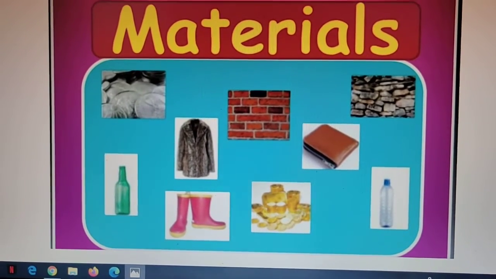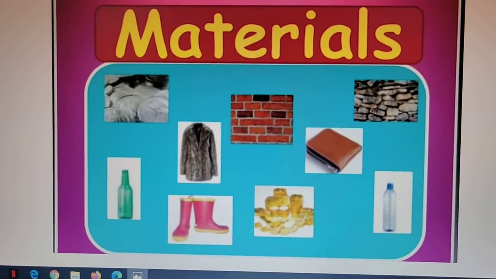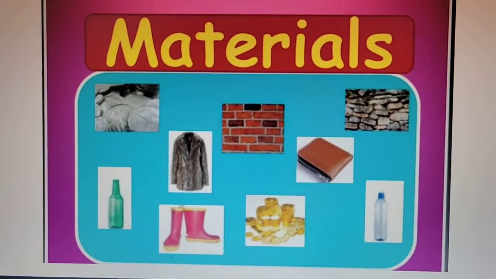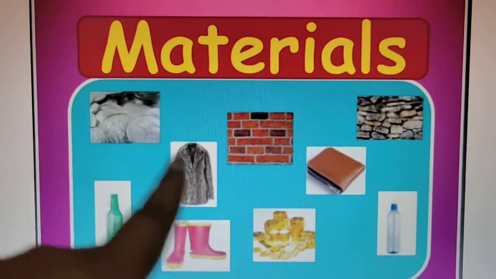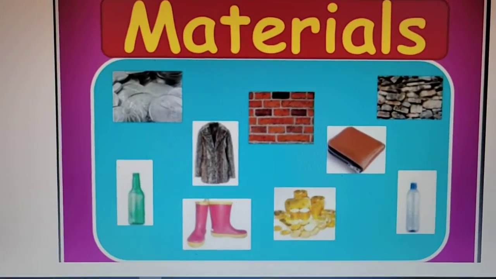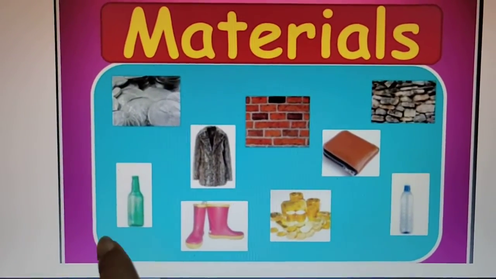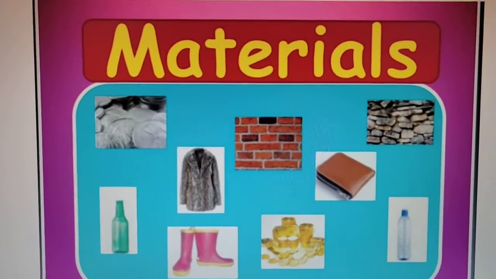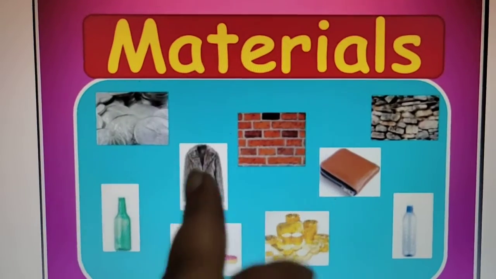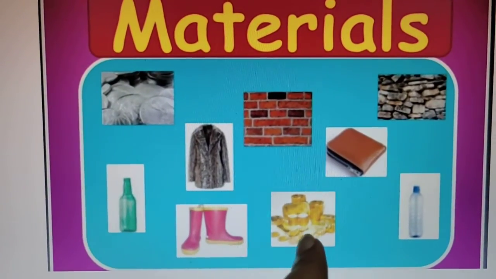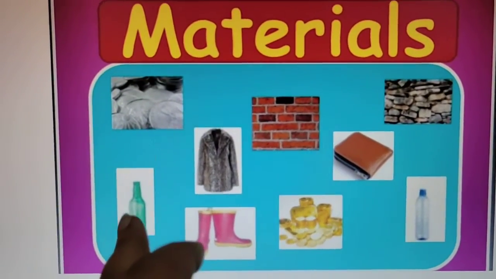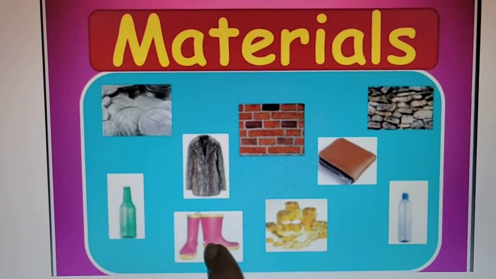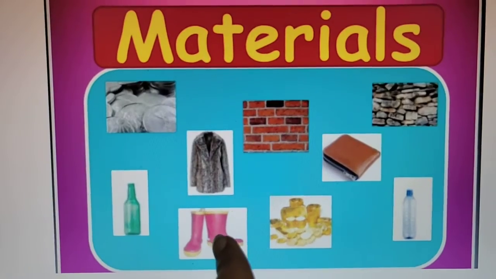There are many ways by which you can tell me the properties of these materials. You can tell me that ma'am, these are coins. You can also tell me that ma'am, this is a bottle, right? Another way can be that ma'am, this is made up of metal, this is made up of glass, this is made up of plastic, this is made up of leather, okay?